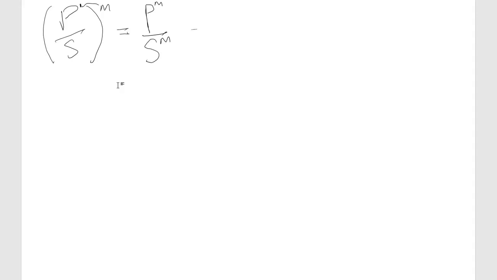So for example, you have, let's say, 3 raised to power 3 over maybe 4, all raised to power 5. To solve this problem, you have to do 3 raised to power, let's say there's an invisible 1 here and there's an invisible 1 here. So you now say 1 times 5, because you're opening up the bracket.